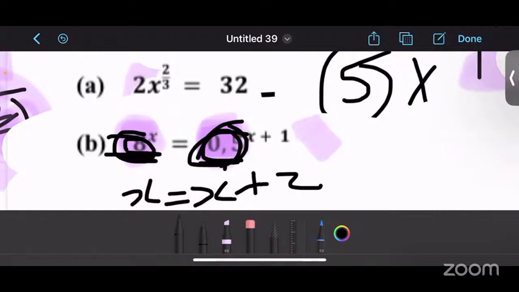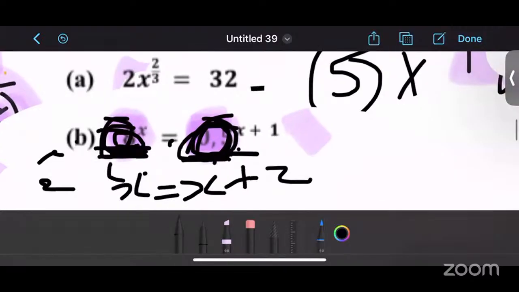For example, I'm not sure if it was Grace or Langelihle that said we can use 2. So we can change both of them to be 2. So we have 2 to the power of whatever and 2 to the power of whatever, and then from there we carry on with it.